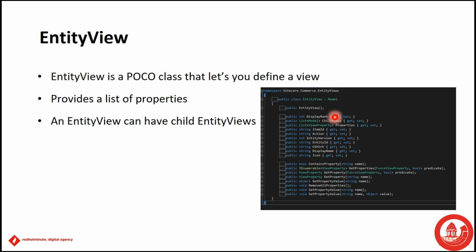By default, it's 500. So the lower the display rank, the higher that particular view shows up in that composite view. You have entity ID, which is the ID of that particular entity that the view is supposed to interact with. And then you have entity version, which controls the version of the entity in Commerce that the view corresponds to.